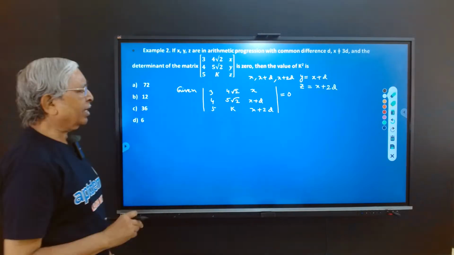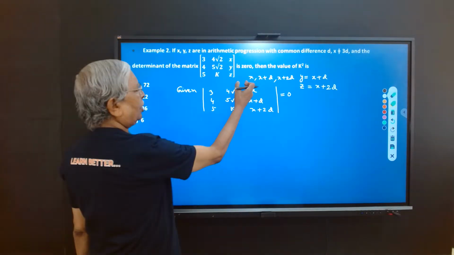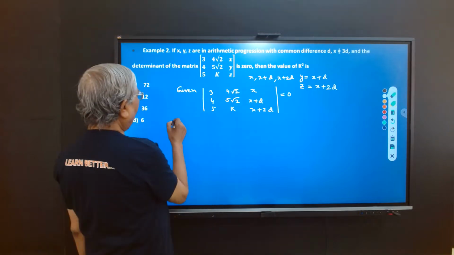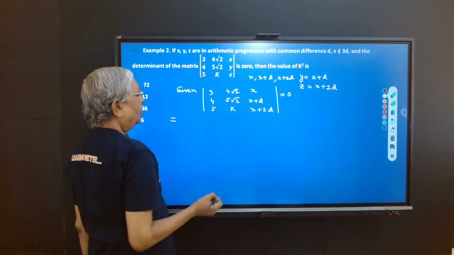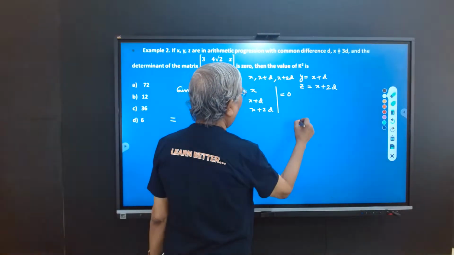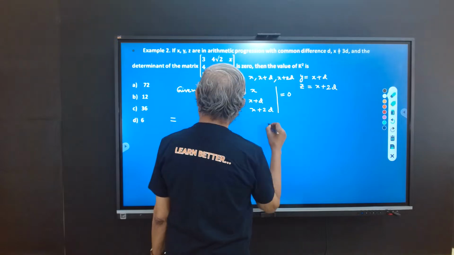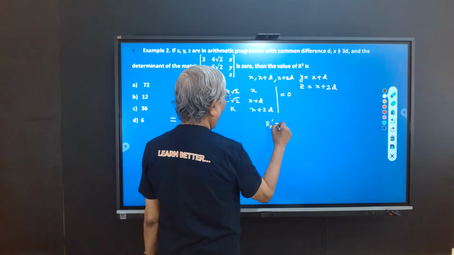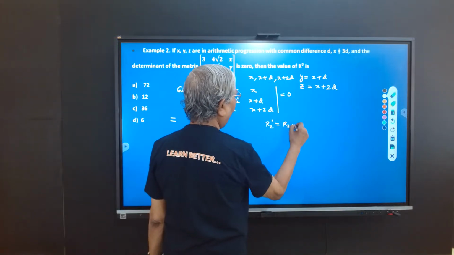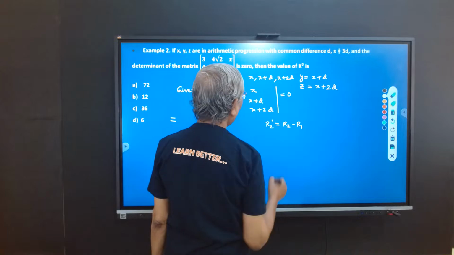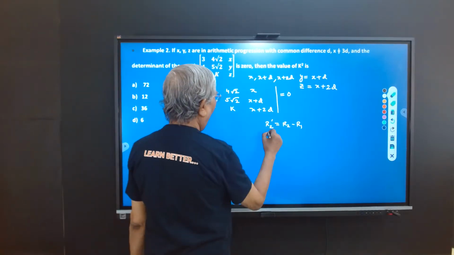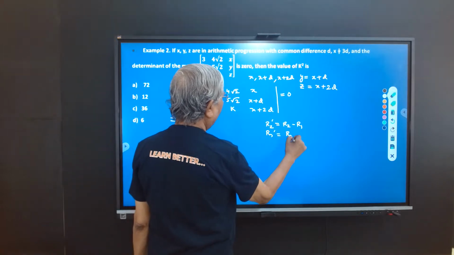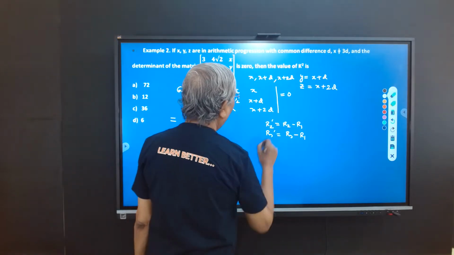Now we simplify it. Here in this column you have x, x plus d, x plus 2d. Apply this operation: R2 dash is equal to R2 minus R1, and R3 dash is equal to R3 minus R1. What do you get?